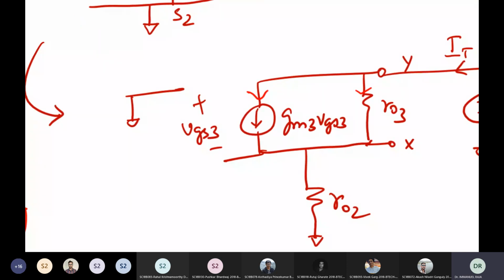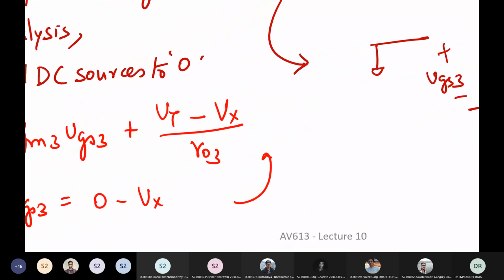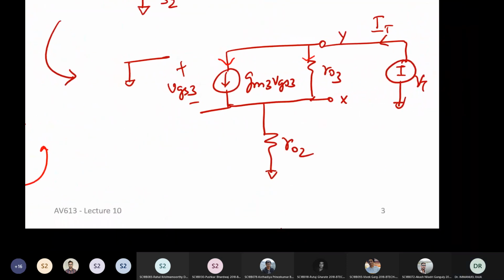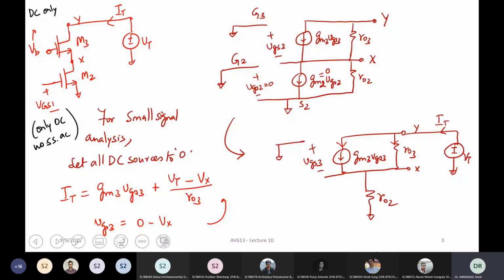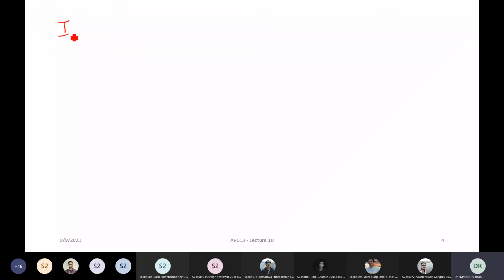Right? So we'll substitute this here. So now IT becomes GM3 into minus Vx plus Vt minus Vx divided by R03.